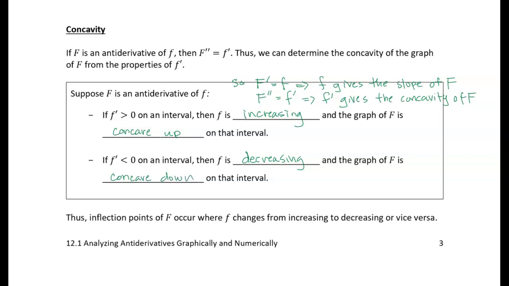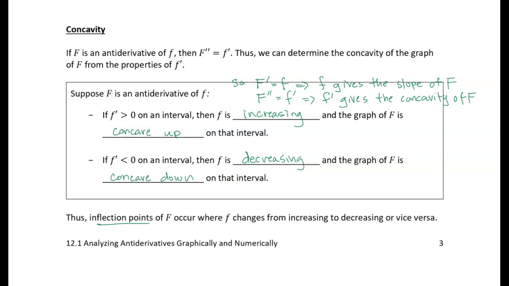Okay. So anytime it's 0, too, that tells us where an inflection point is, or potential inflection point, right? So inflection points of the antiderivative occur when lowercase f, which is the derivative, changes from increasing to decreasing.